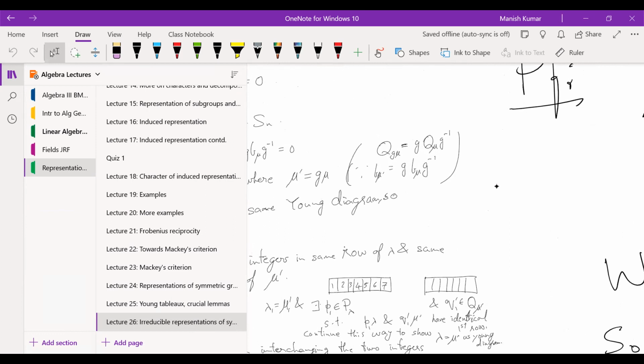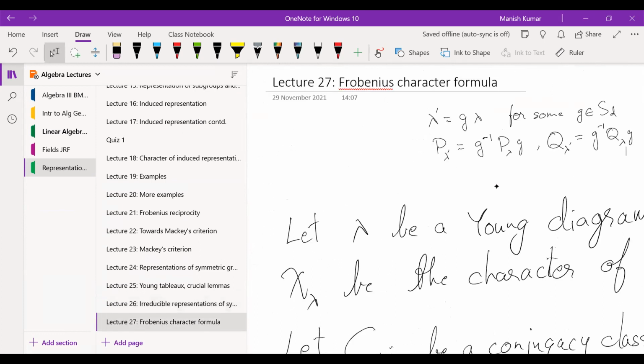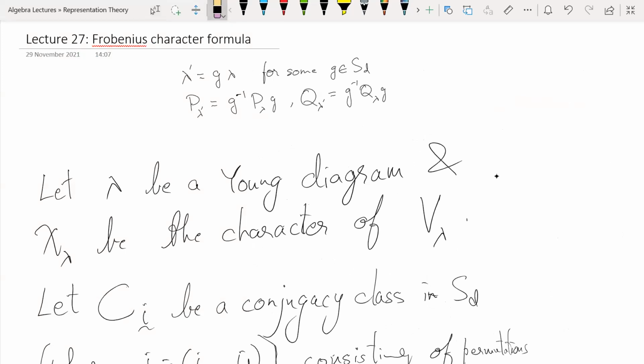So let's fix this. One could verify it directly as well. From here, you can check that A lambda, B lambda, and C lambda are basically conjugates by g for the corresponding lambda prime.